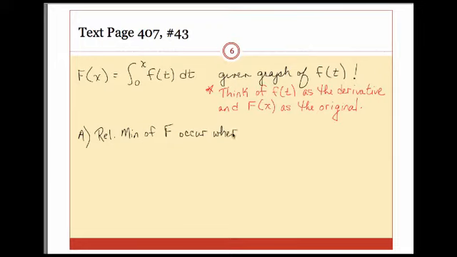Think of how we answered that question before. Remember, we would be looking at the graph of the first derivative, and we'd want to know where the relative minimum of the original were. So think about what we would look for on that derivative graph.